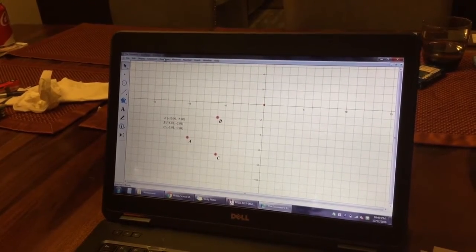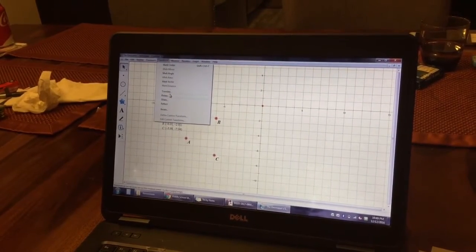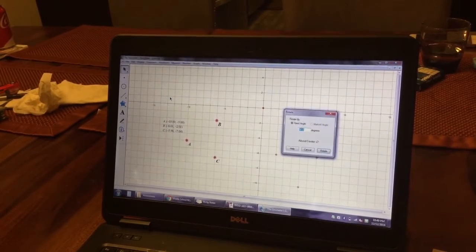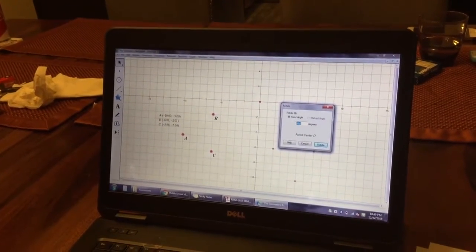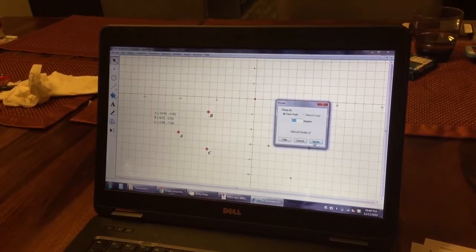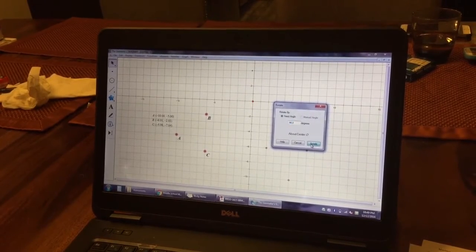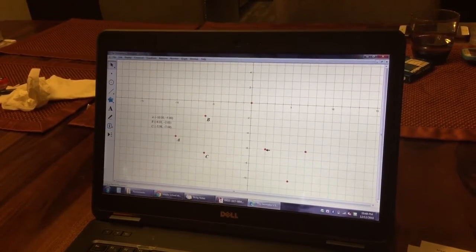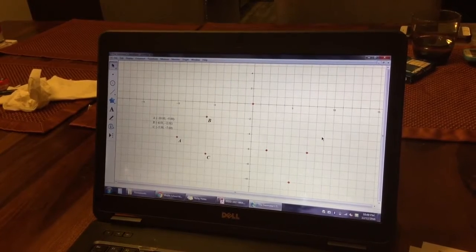Then I'm going to go up here where it says transform, and I am going to rotate. I'm going to rotate 90, so that means I'm going to rotate it 1 time.